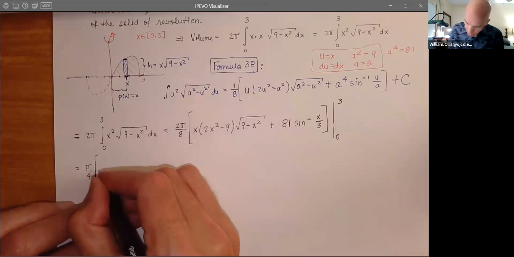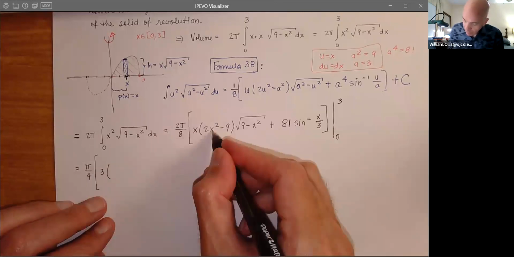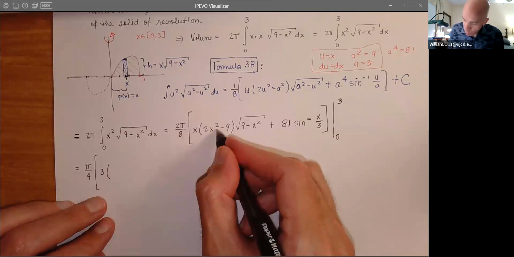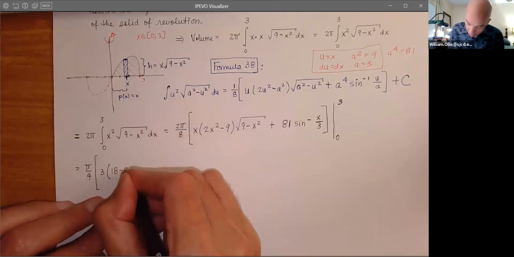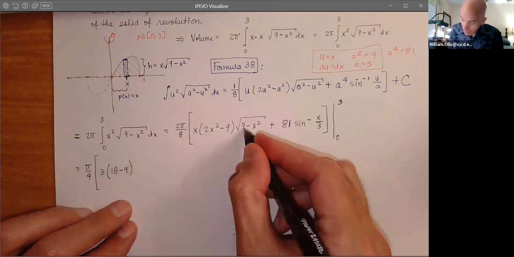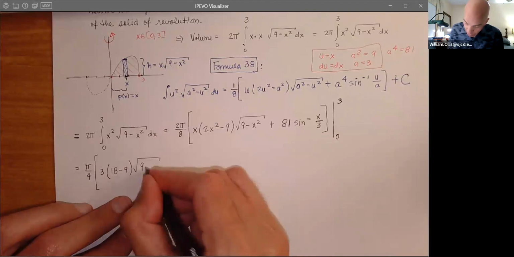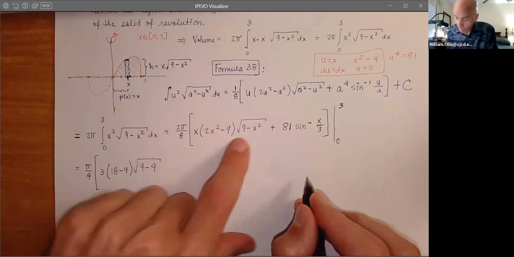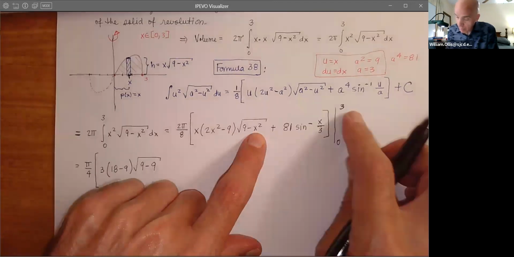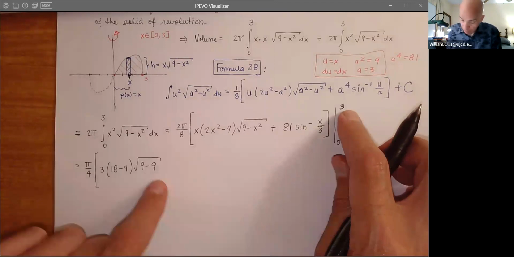This will be 3, and then we have 2 times 3 squared, that's 18 minus 9. But here we have 9 times the square root of 9 minus 9, so that goes away, since x squared is 9 and that zeroes it out.